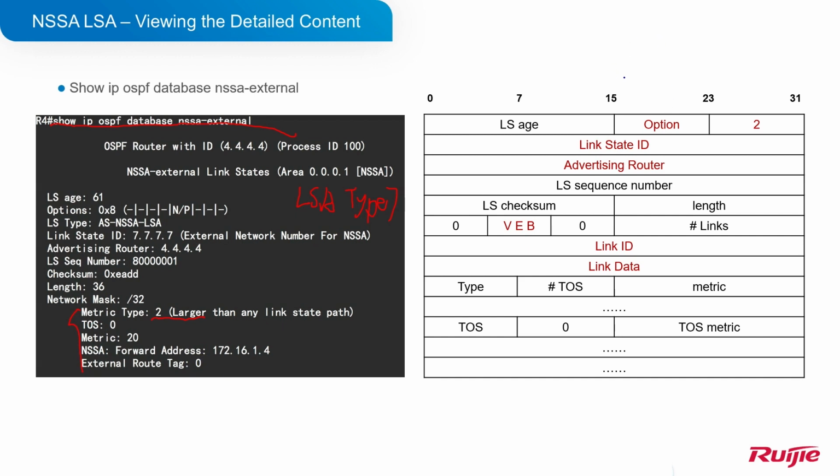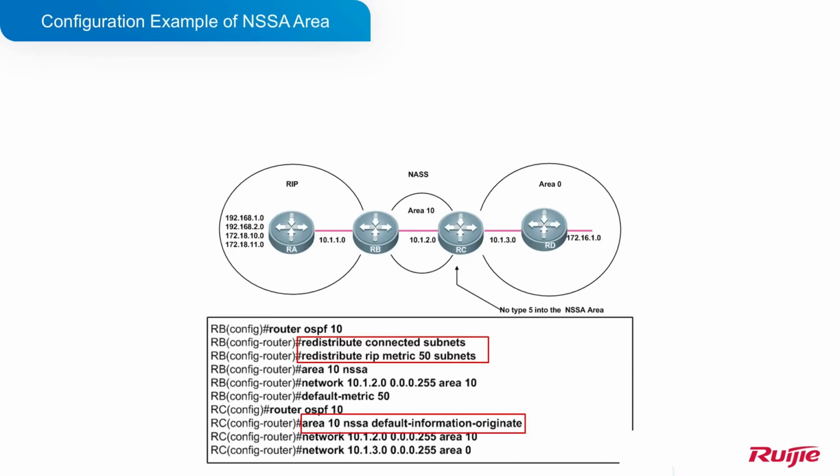And here is the encapsulation format for the LSA information. Okay, so it's the same as this packet, right? From the LSA options and the LSA type and the link state ID, advertising router information. Okay, it's the same. So this is the detailed information about an NSSA LSA.